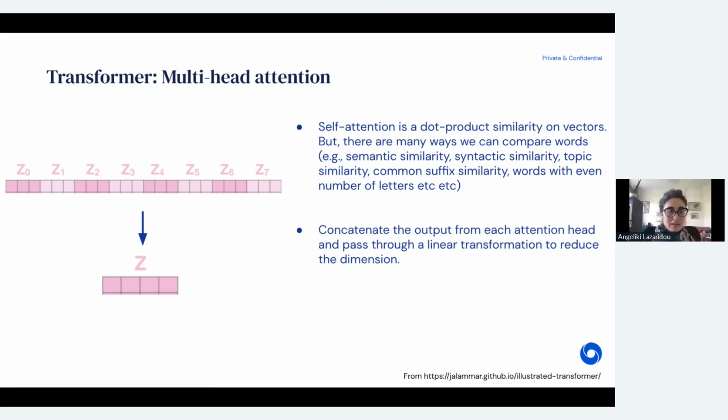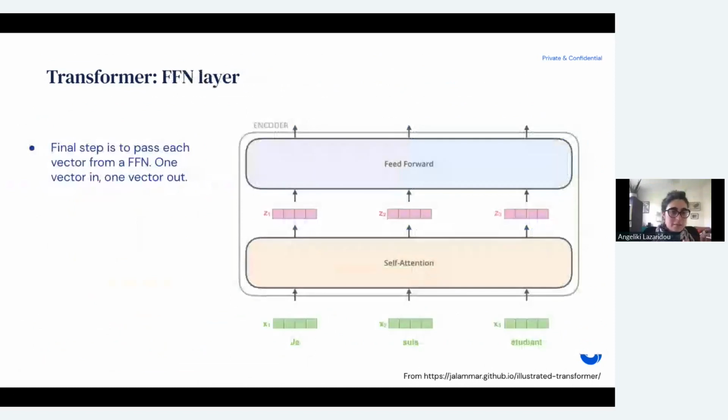Because as we said, one vector in, one vector out. The final step is that we take the representation that the multi-head attention has created and pass it through a feed-forward network. And again, one vector in, one vector out.